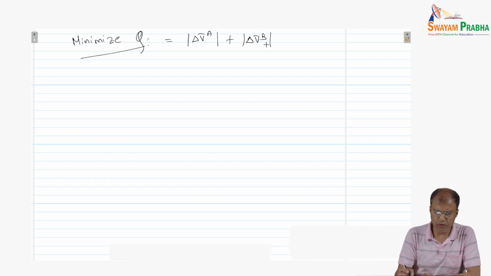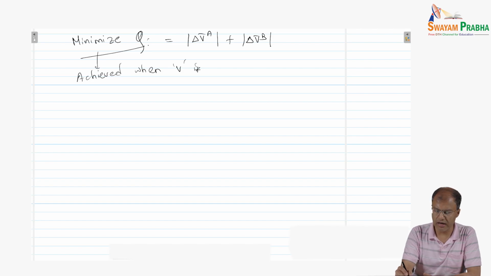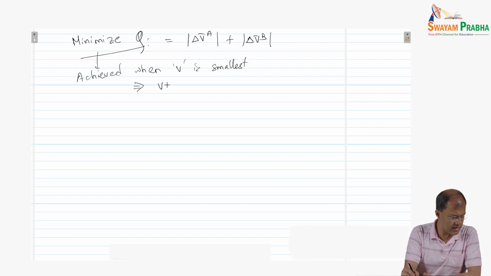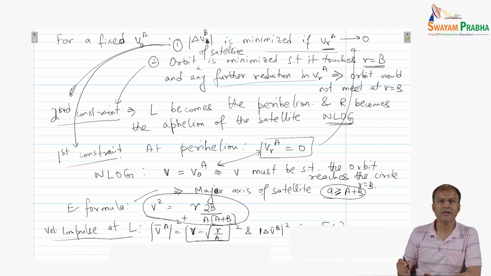And this is what we want to minimize. We can see that is achieved when v is smallest, the orbital speed of the satellite, right? This is just a redundant statement. So v is smallest, and that is possible only when v is square root 2 gamma b by A times a plus b, right? That is only possible when this is the case.